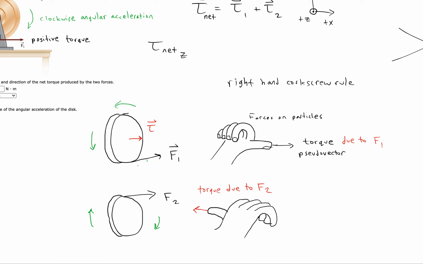Alright, so that's going to be a negative torque. It points like this, into the page. So this one's out of page. This one's into the page. Alright, so this will be T1, and this is T2.